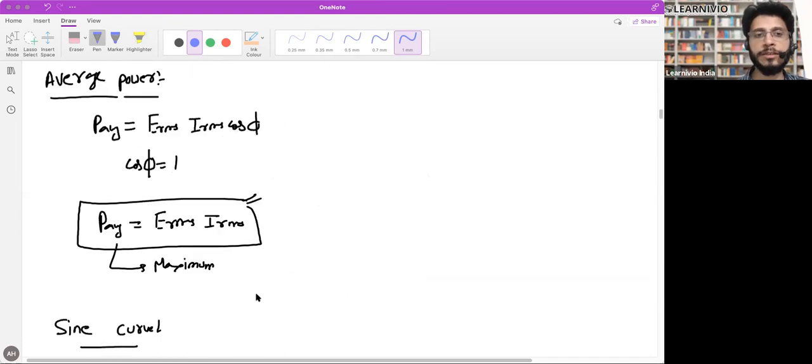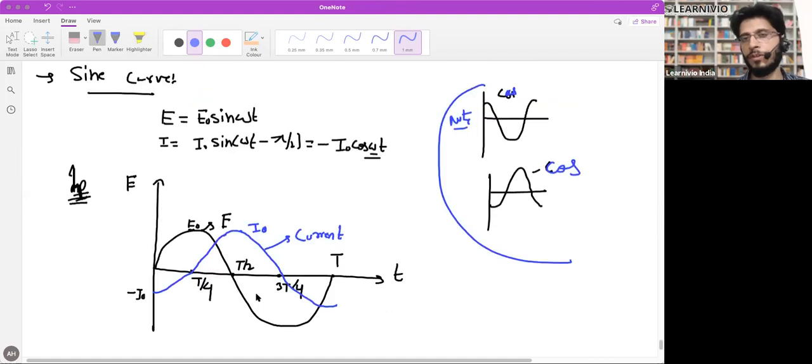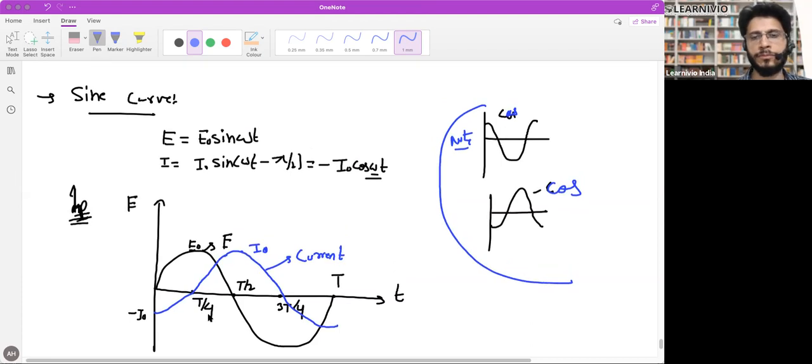Looking at the curve, you should be able to decide which circuit this is. Every circuit has its signature sine curve.